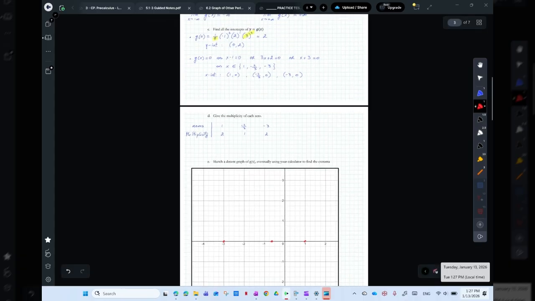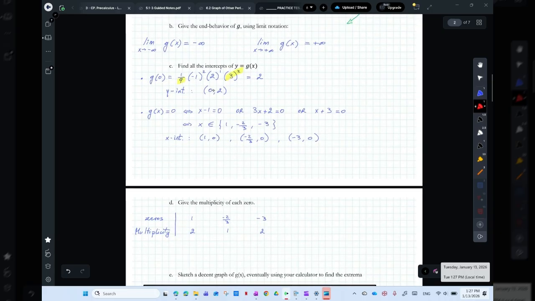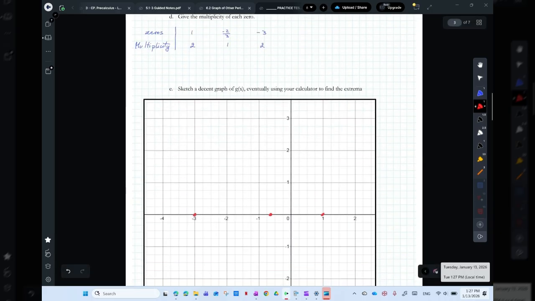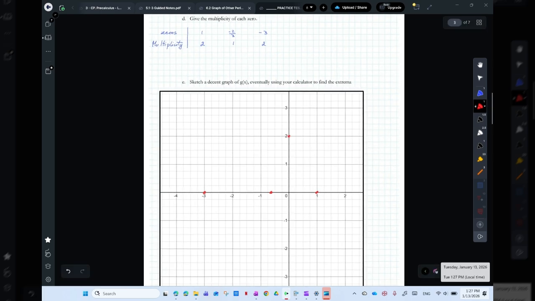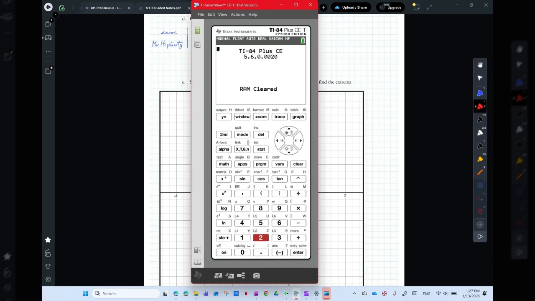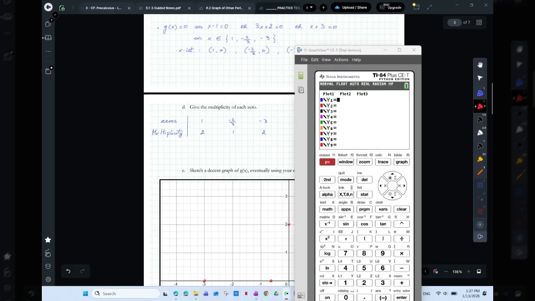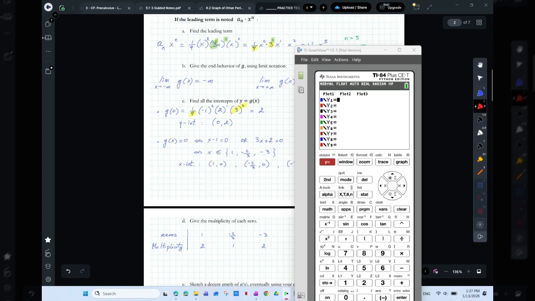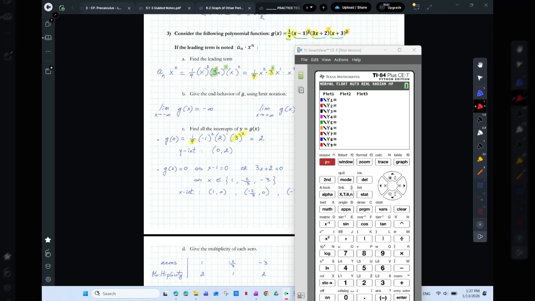Now I will have the y-intercept (0, 2), and then I can use my calculator to find the maxima and minima.